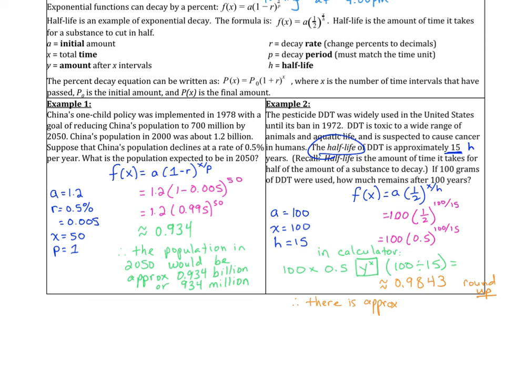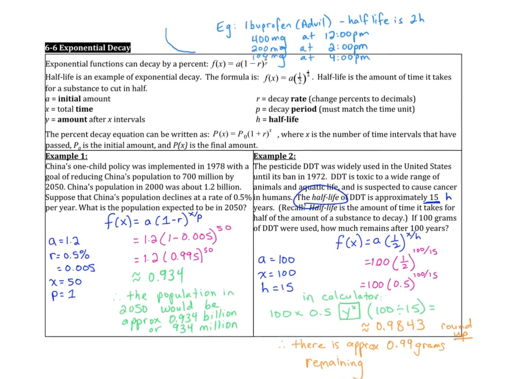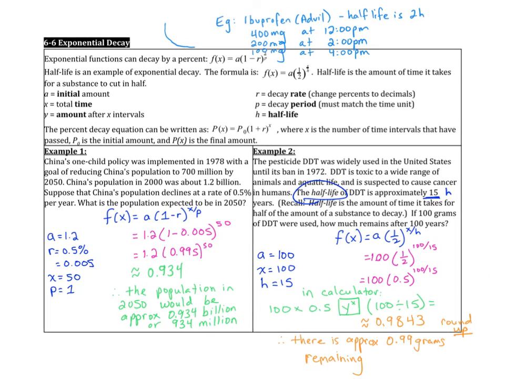So technically, if you were to round it, you would have to say there is approximately 0.99 grams remaining. Because if you say there is 0.98 grams, well, there's actually more than 0.98, so we haven't gotten down to 0.98 yet. So if you remember last day with the exponential growth, we always rounded down. So with exponential decay, you'll always round up.